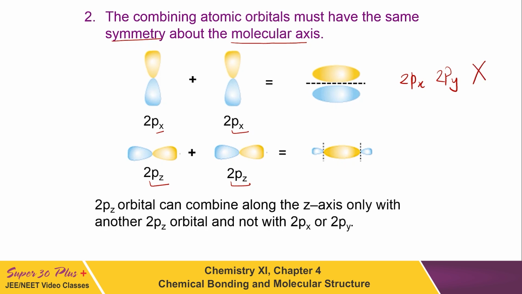No combination will take place. So a 2pz orbital can combine along the z-axis only with another 2pz, not with 2px, not with 2py, and vice versa. 2py will not combine with any other than 2py. 2px will combine with 2px only.